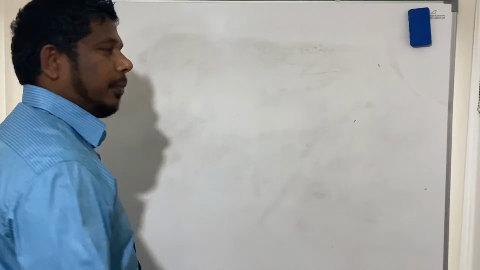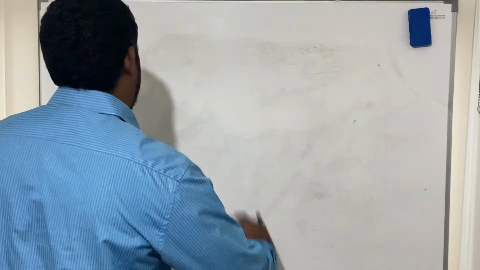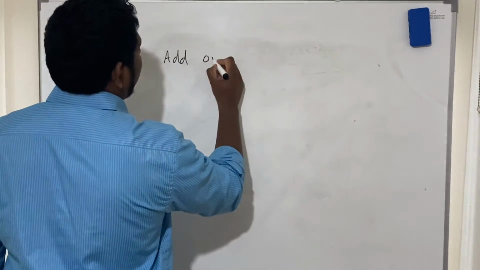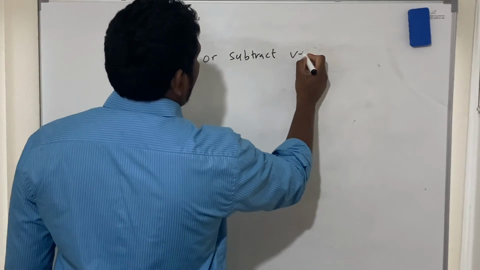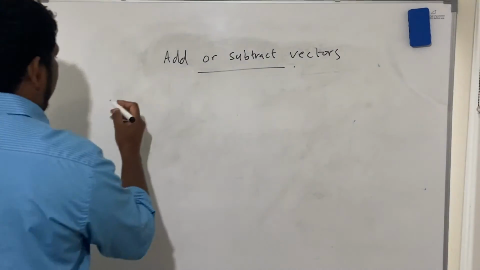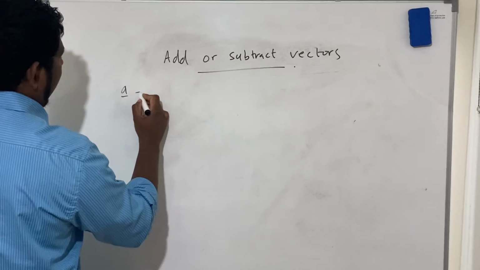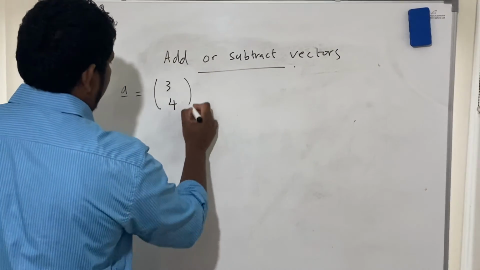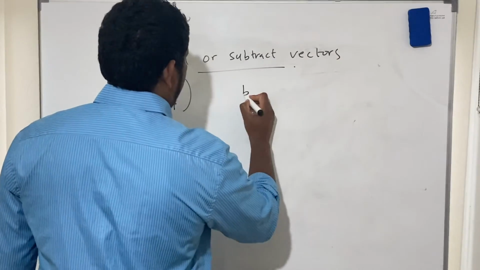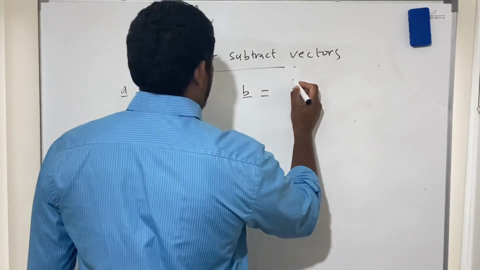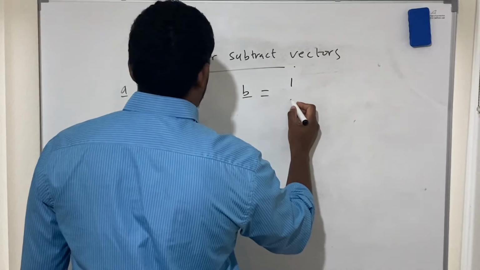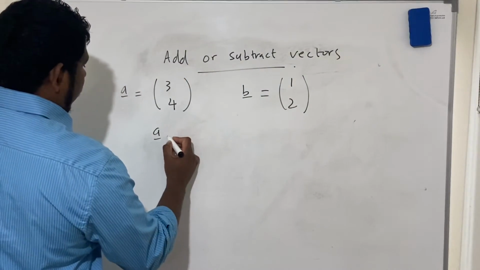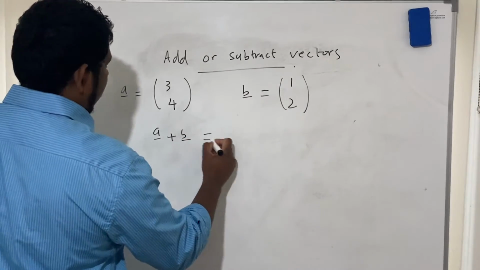That's all. The next one we're going to look at is how we add or subtract vectors. For example, we say we have a vector A in column form, 3, 4, and we have another vector B, like this. First we are going to add these two vectors together.